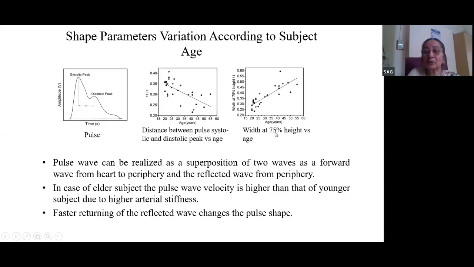We also took the width at 75% height of the peak versus age, and that also showed some variation.